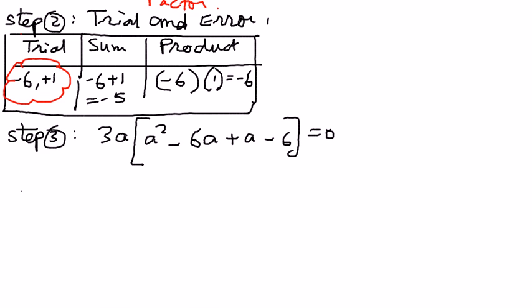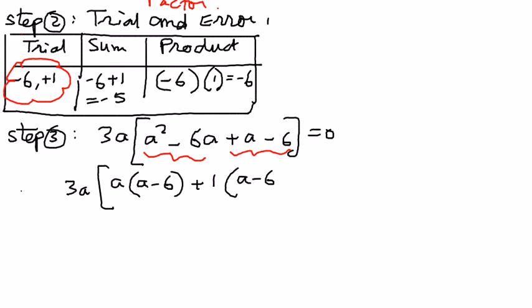So in here we're going to look at the first two terms and then the second set of two terms, and then try to factor them out. The way to do that is as follows. 3a, then in here a is common between a squared and 6a. If I pull out a, I'm left with a minus 6, and then plus 1 times a minus 6 is equal to 0.